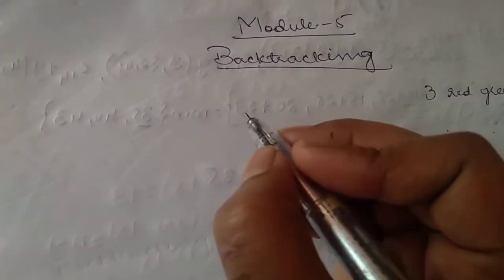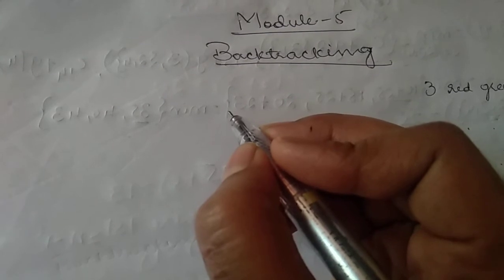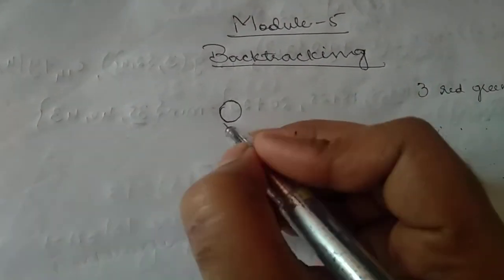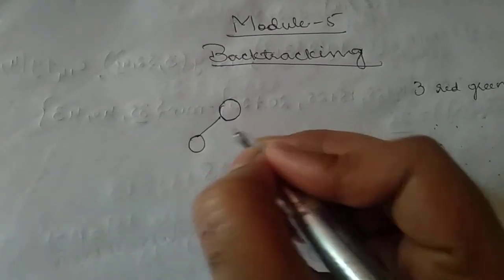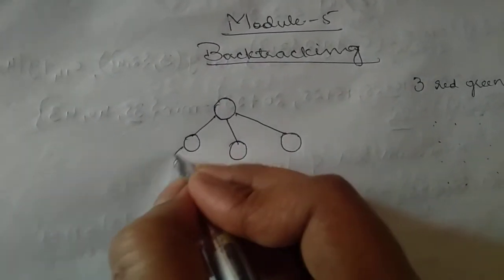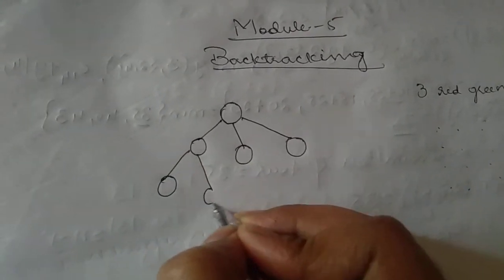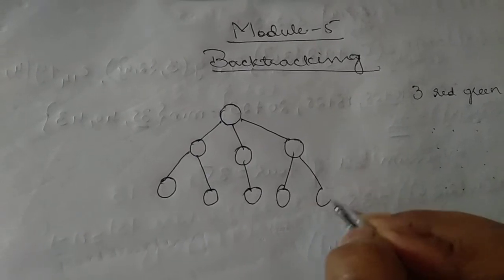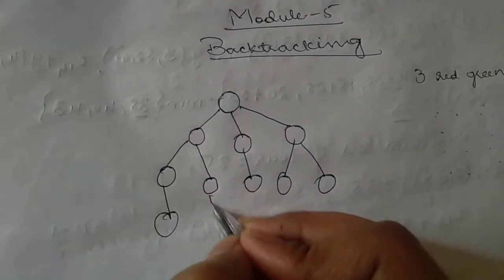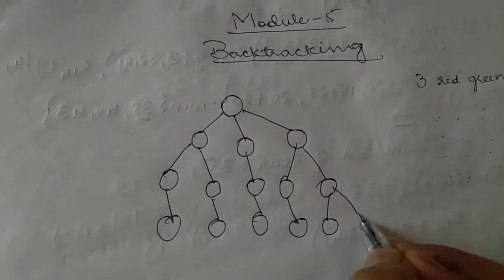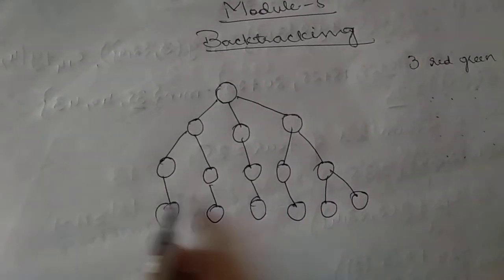See, always in backtracking we construct with respect to a tree. Here this is the root node, then this is one solution. I'll consider these things as solutions. These are all the solutions we have.